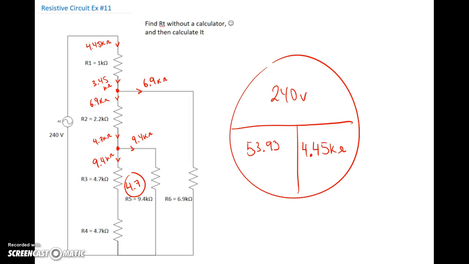Now, that's not in amps, remember, because we just divided by thousands of ohms. So that guy is going to be in milliamps, 53.93.